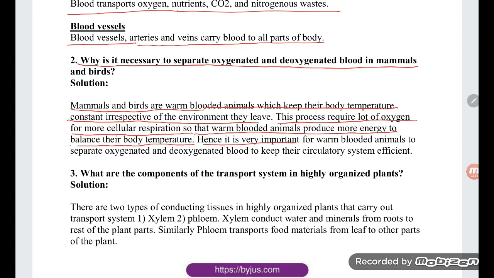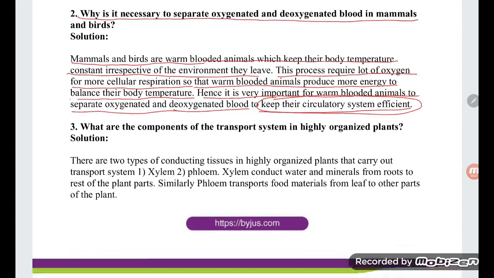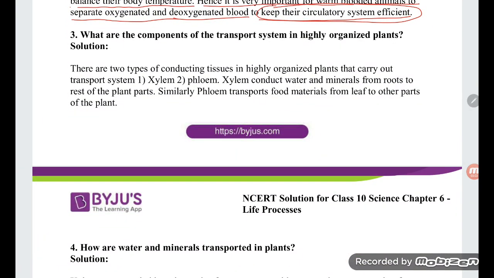Hence, it is very important for warm-blooded animals to separate oxygenated and deoxygenated blood to keep their circulatory system efficient. So the oxygenated and deoxygenated blood have to be separate.